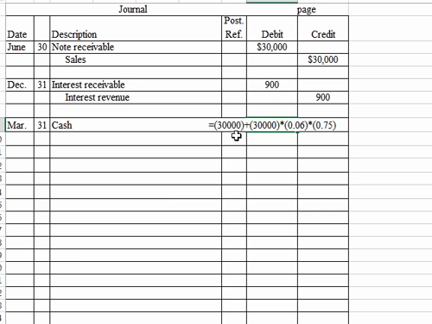30,000 principal plus interest, which is 30,000 at 6% for 3/4 of a year, 9 over 12. So interest in total would be $1,350 because the note was for 30,000. That's how much cash we'd receive. The asset we're giving up is the note receivable.